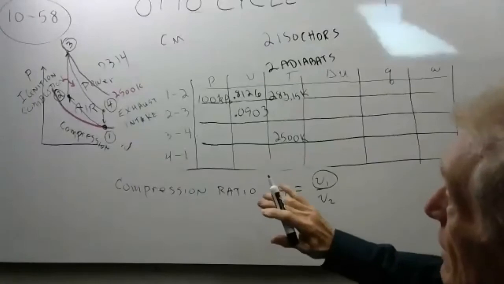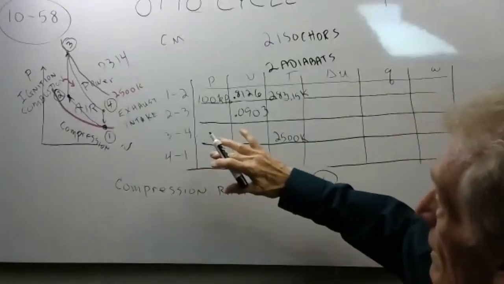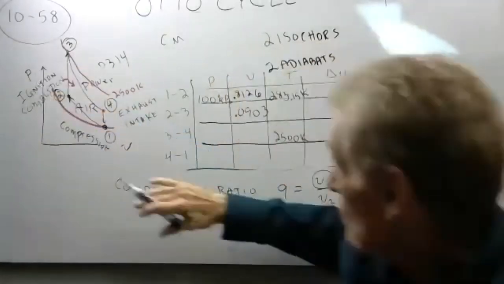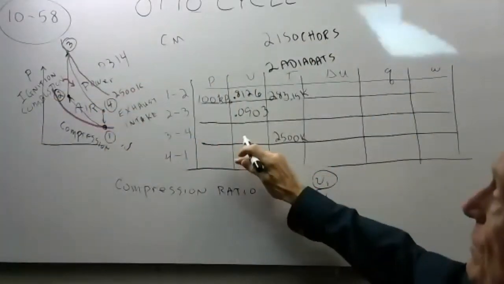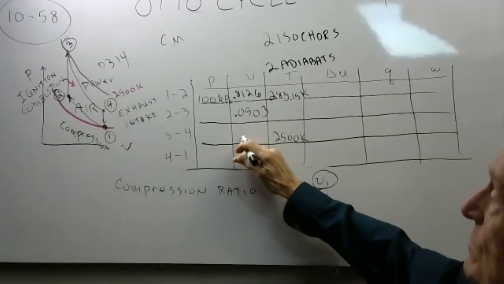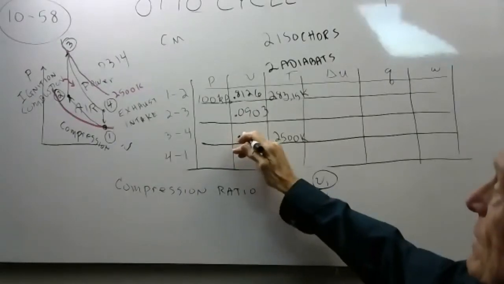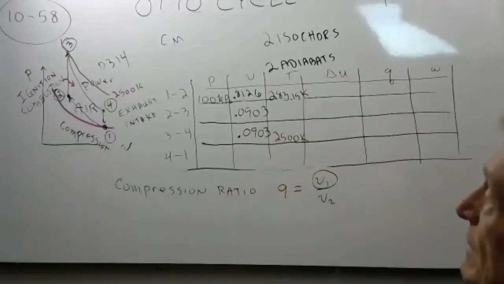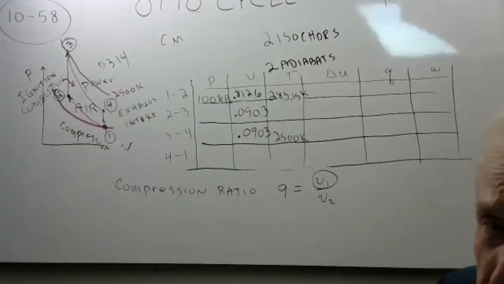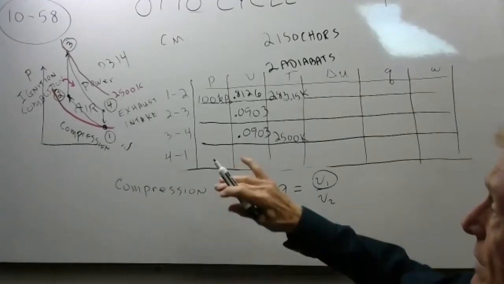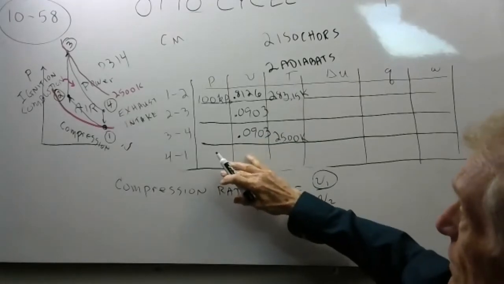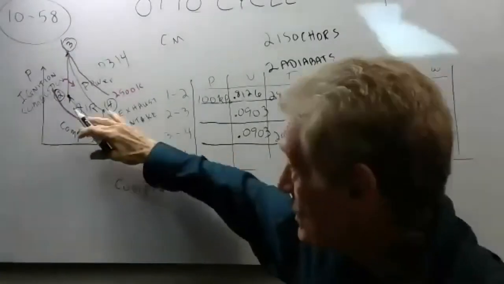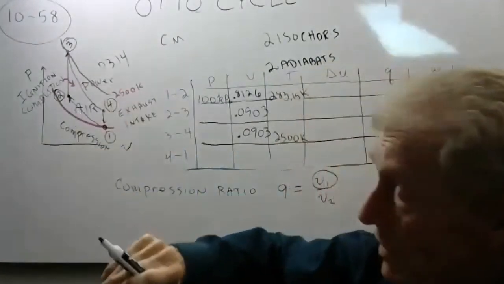Now, if 2 to 3 is an isochore, then I know what the little specific volume is at 3. It's the same, 0.0903. If I lost anybody, just speak up. And I can also get what the specific volume is at 4, because there's an isochore between 4 and 1.